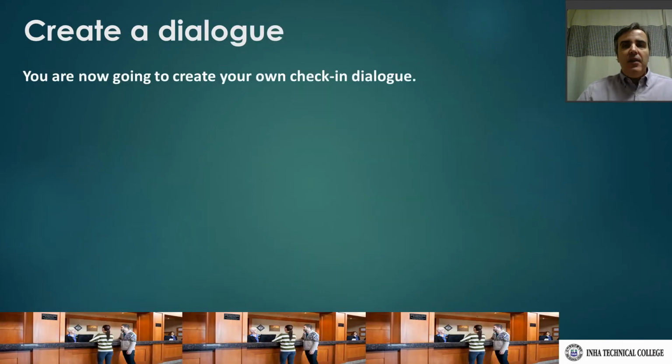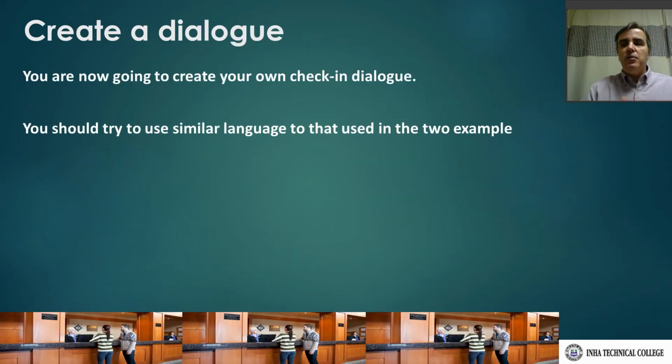Okay, so I think those two activities are going to be very useful for you when it comes to the final part of today's lesson, because you are going to create your own check-in dialogue. And hopefully you can use some of the language from part 1 and part 2 to help you create your own dialogue.